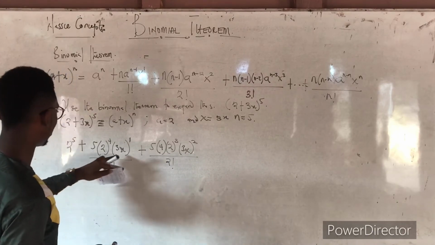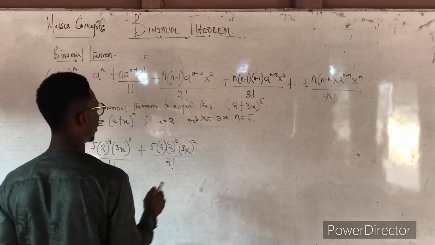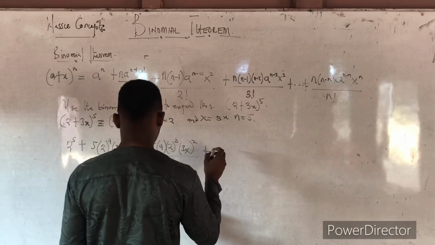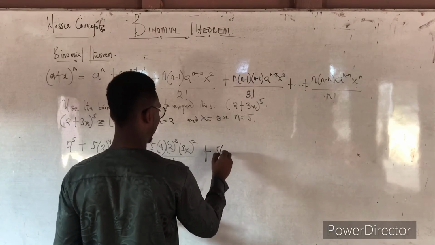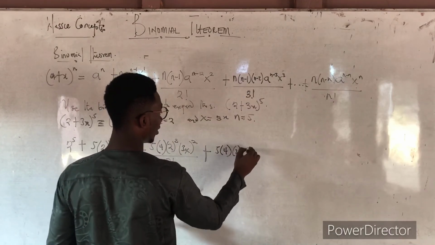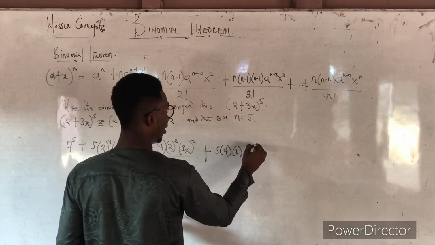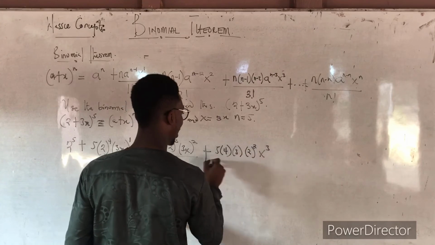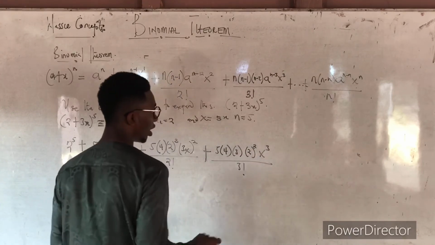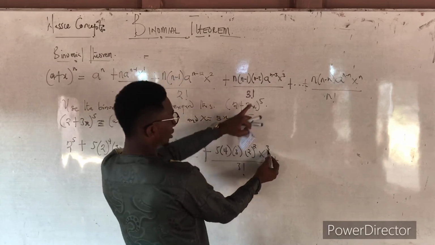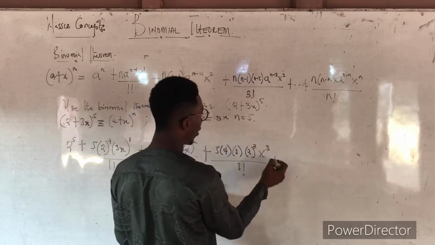Plus 5, 4, 3 (5 minus 2), a, which is 2, exponent 5 minus 3, which will give me 2, x exponent 3, divided by 3 factorial. Then you move on.